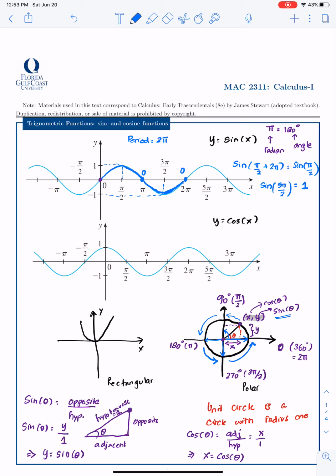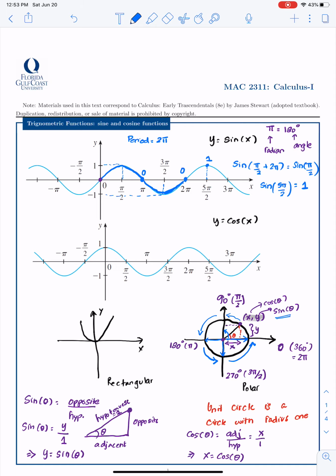Is that correct? So 5 pi over 2 is right over here, and as you can clearly see, that corresponds to a value of 1. So that's just the sine function. Now, the cosine function can be derived in the exact same manner.